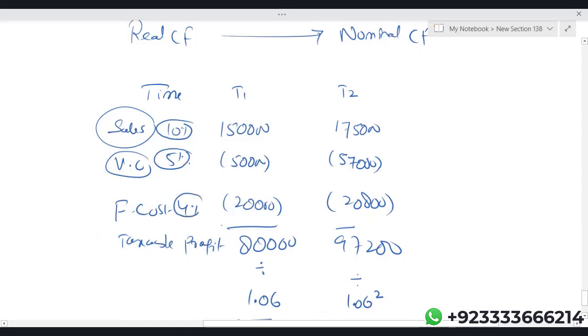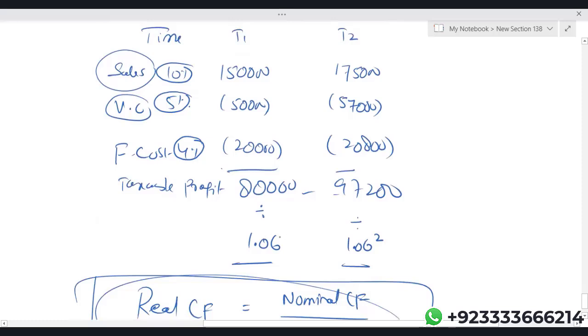Fixed cost has an inflation rate of 4%. These are the taxable profits. What I did, I have just divided them by the general inflation, 1.06, then power 2. For the third year, there will be power 3. Is this clear now? That is why I clearly mentioned 10%, 5%, 4%.